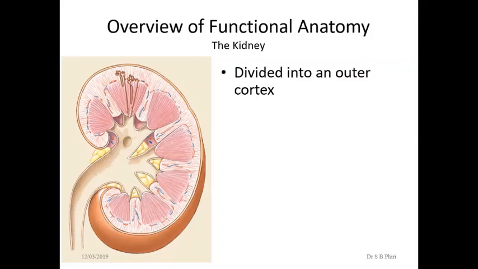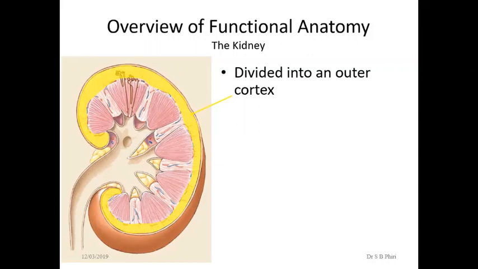Okay, so we proceed. So this is the actual kidney. Now looking at the cross section of the kidney, when you cut the kidney in cross section, what structures are you going to appreciate? So it's divided into the outer cortex. You can see from this diagram, you have the outer cortex, highlighted in yellow in this diagram.